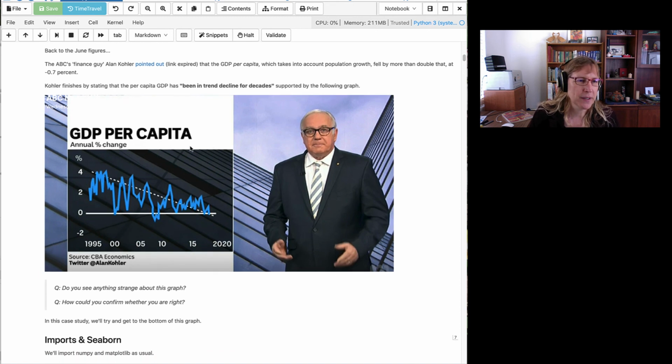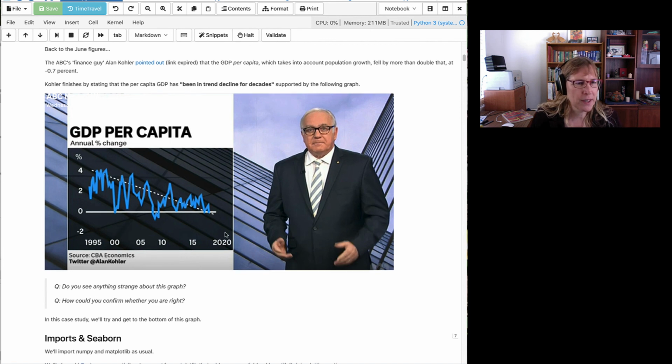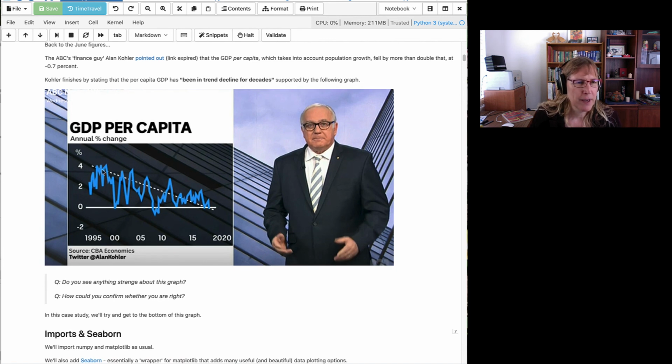Okay, so this is the annual percent change in gross domestic product. He doesn't say whether it's seasonally adjusted or raw figures at this stage. But here's the graph, and this white line indicates the claimed trend line. Okay, so he's saying it's been in trend decline for decades.